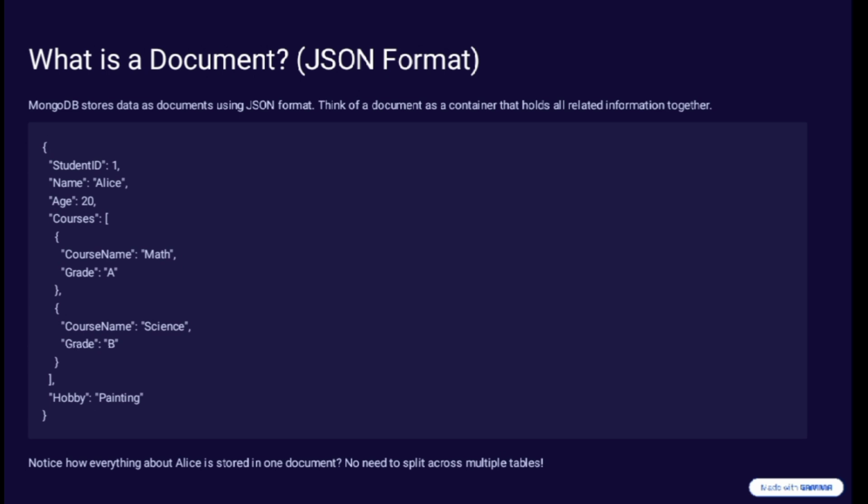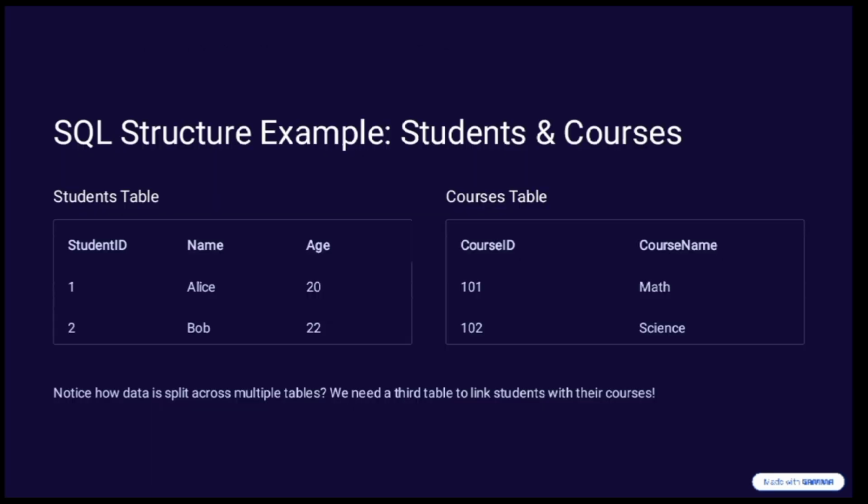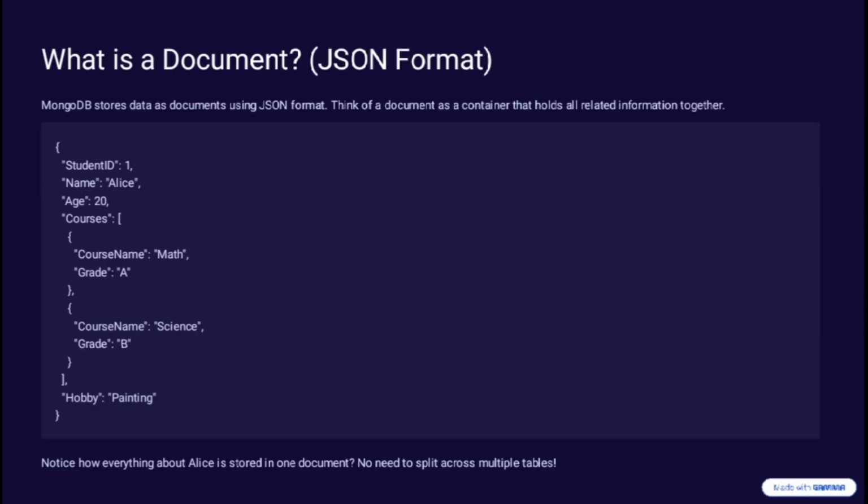Here you can see in SQL, if I want the course in which the student enrolled, I want to combine these two tables. I want to use the foreign key and the join query. Then I will get the course in which the student has enrolled. But here I have embedded the data inside one document only. The courses student 1 has enrolled in are math and science, embedded in one document.